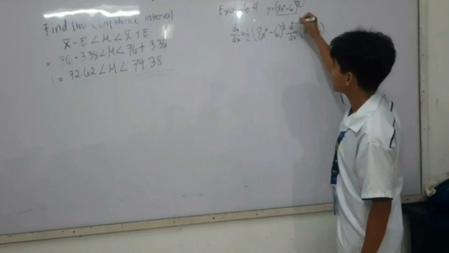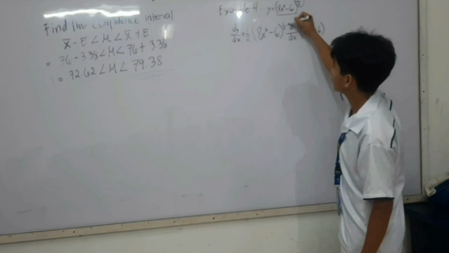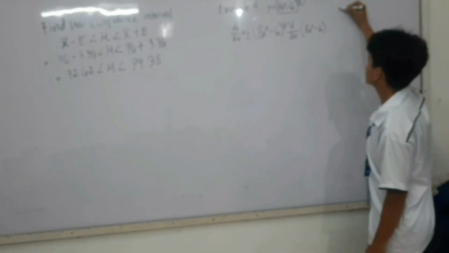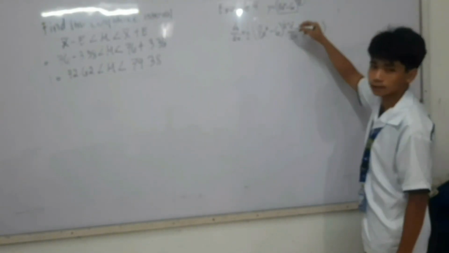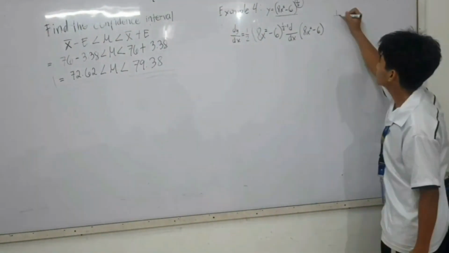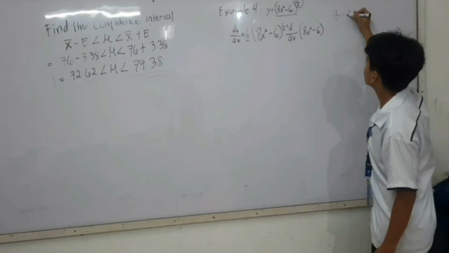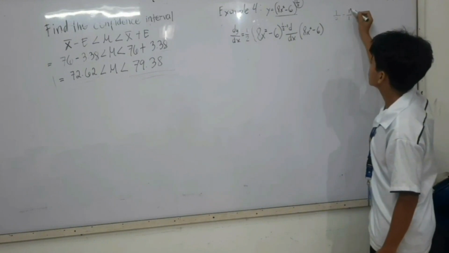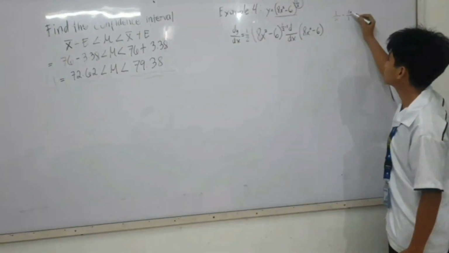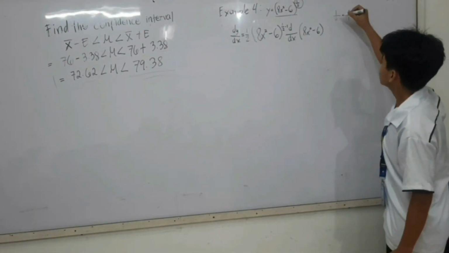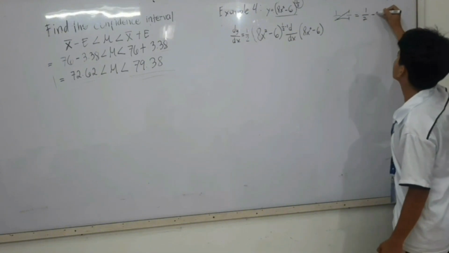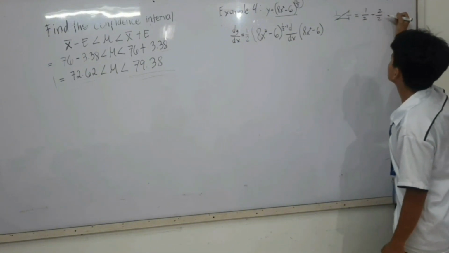What we will do first is subtract 1 from the exponent 1 over 2. How we're going to do that is, 1 in fraction form is 2 over 2. So 1 over 2 minus 2 over 2.